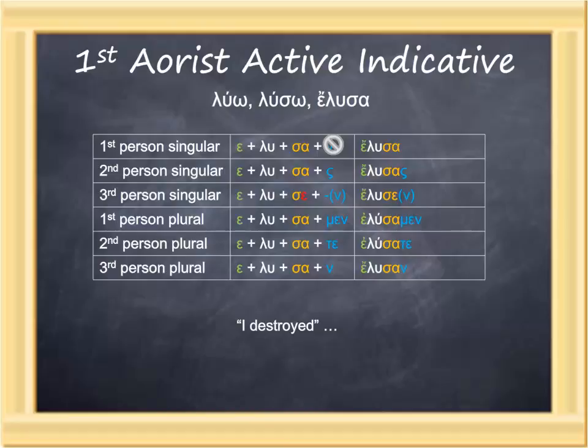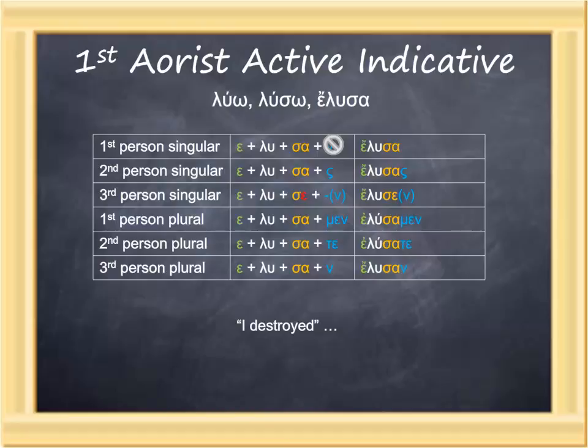In the first person singular of the first aorist, the ending nu drops off. This actually is quite good because then the first person singular can be distinguished from the third person plural.